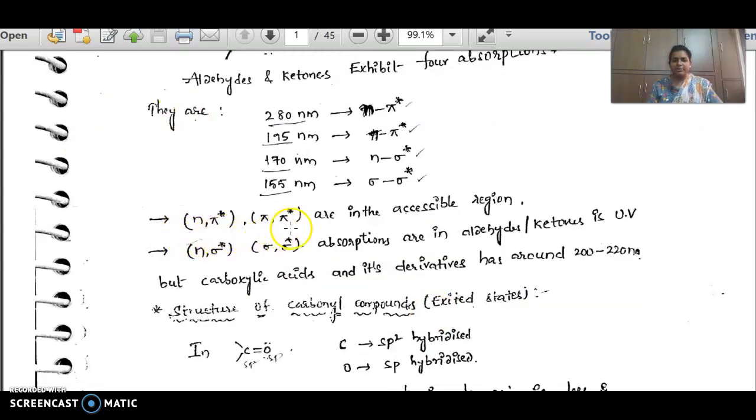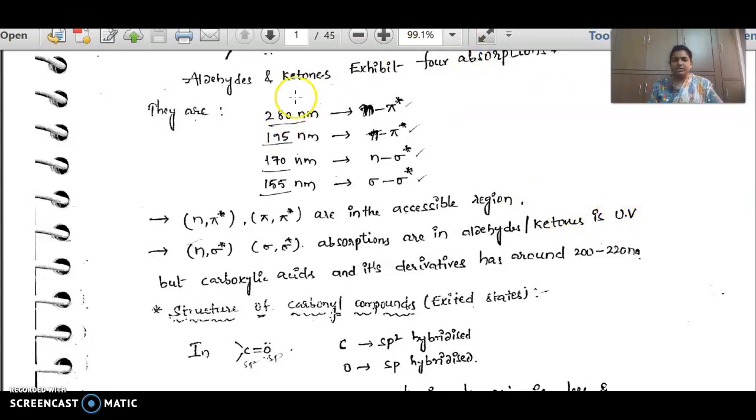The n to pi star and pi to pi star are in the accessible region for photolight, while the n to sigma star and sigma to sigma star absorptions of aldehydes and ketones are in the UV region.